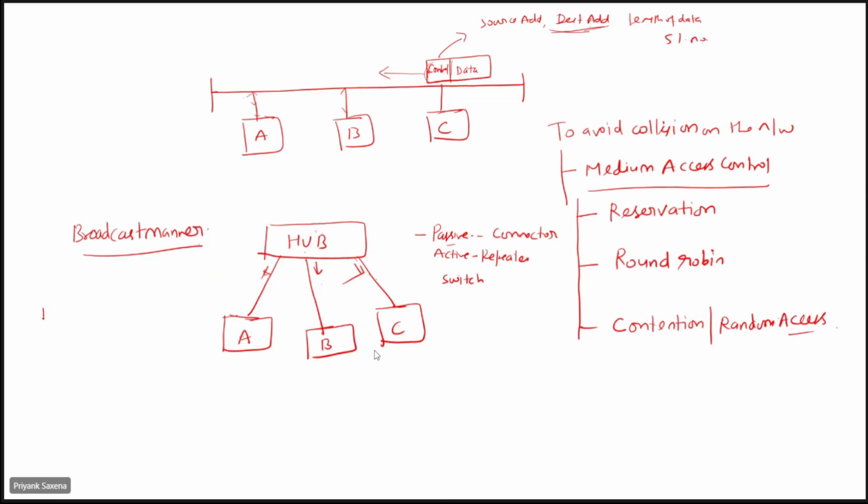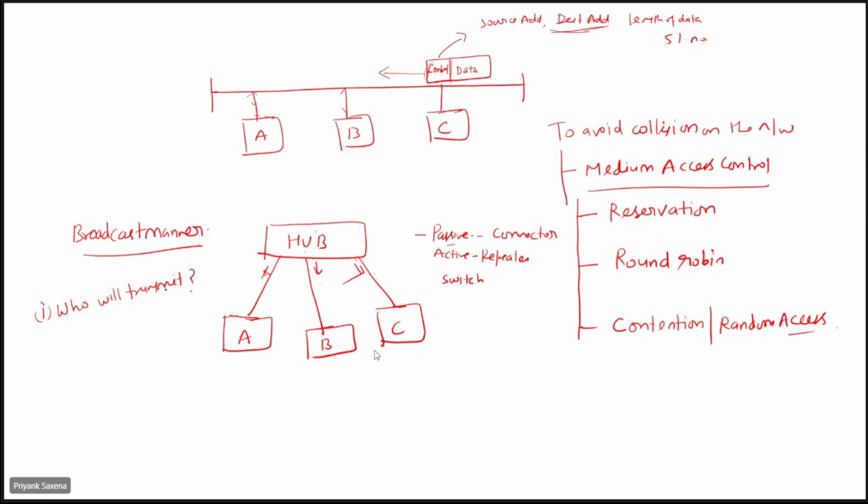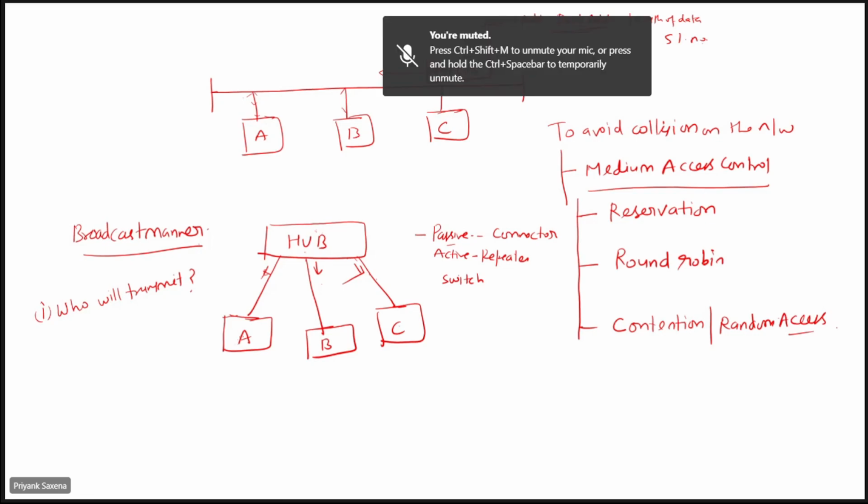Other than that issue, there can be two more issues. The first issue is who will transmit. This issue is a valid one and it lies in all the topologies which we discussed. Who will transmit first and how will the priority of the stations be decided, right?